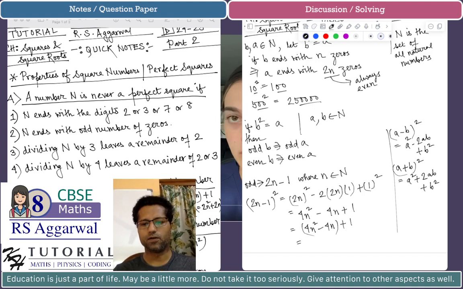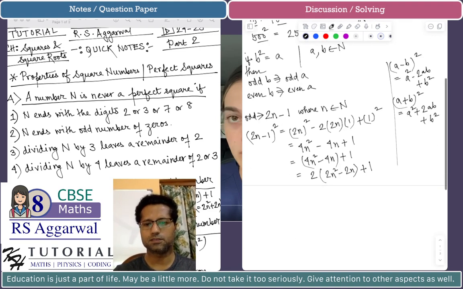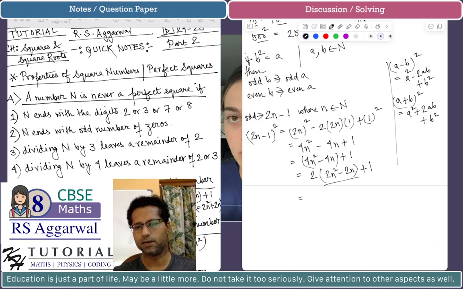Now from 4n square minus 4n, I can take 2 common, and I will get 2(n square minus n)... I mean 2 times (2n square minus 2n) is not needed; I can write it as 2(2n square minus 2n) plus 1. Now 2n square minus 2n will obviously be a natural number, since 2n square will always be greater than 2n.